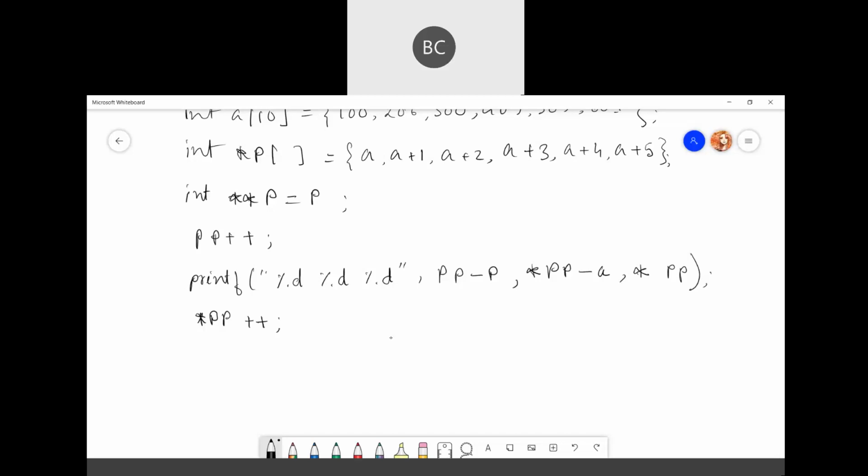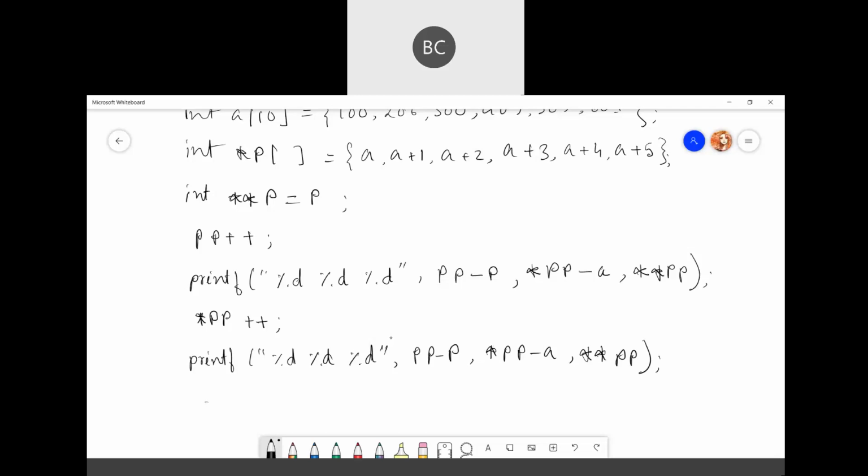Now I want to print another three things: pp minus p, same thing, pointer pp minus a, and double pointer pp.